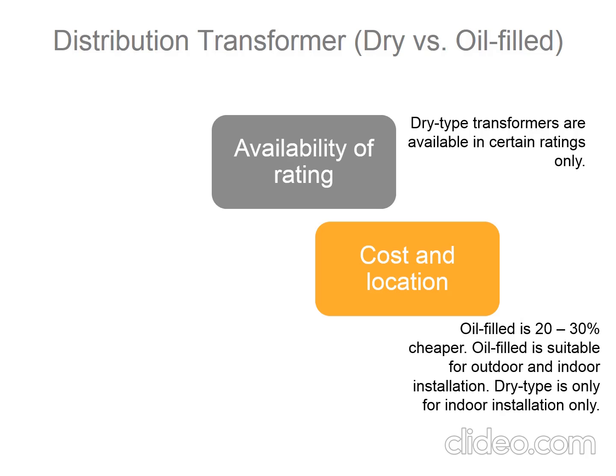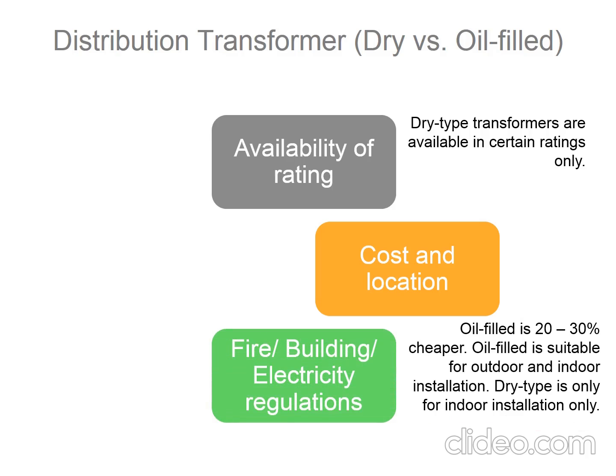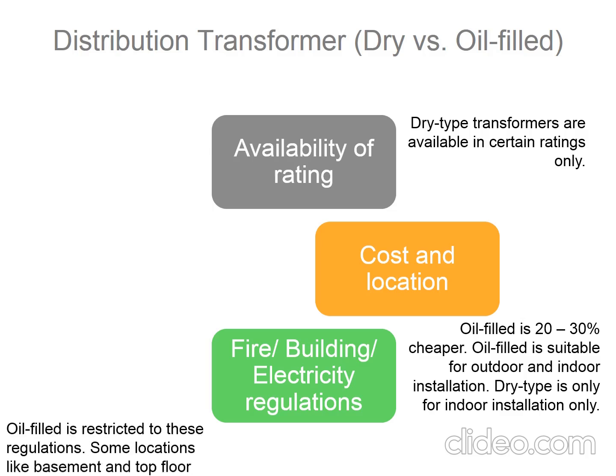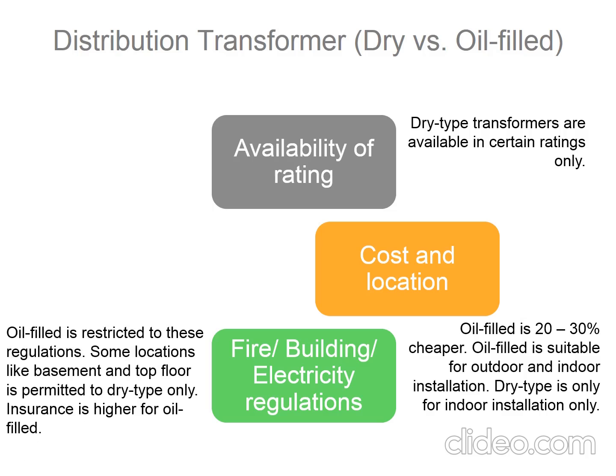Oil filled is suitable for outdoor and indoor installation, while dry type is only for indoor installation. For fire, building or electricity regulations, oil filled is restricted. Some locations like basements and top floors are permitted for dry type only. Insurance is higher for oil filled.